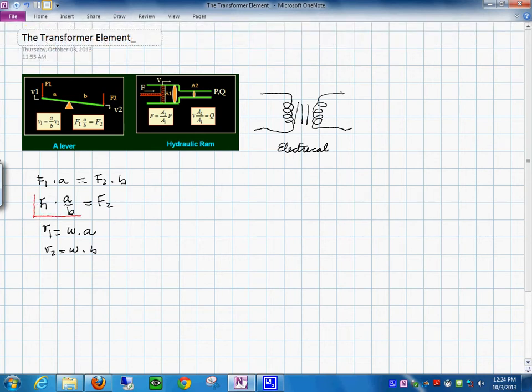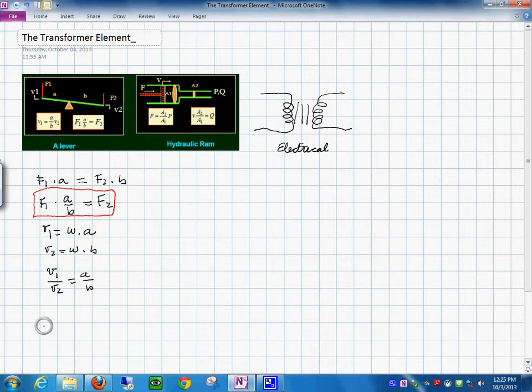This is one equation that relates the two forces by this lever ratio. If we divide these two equations, we get V1 divided by V2 is equal to A divided by B.